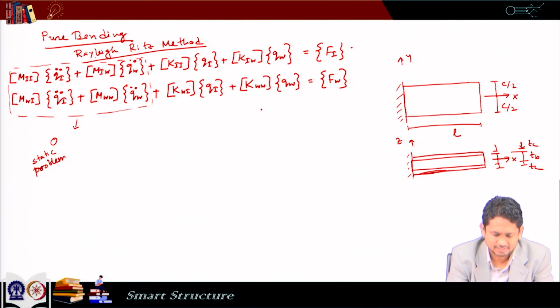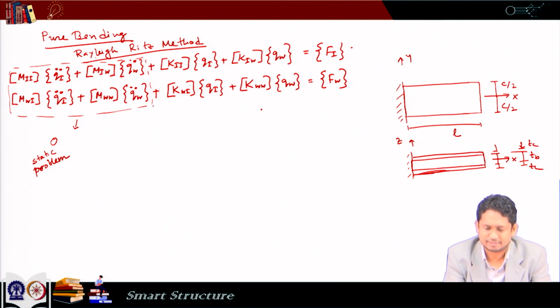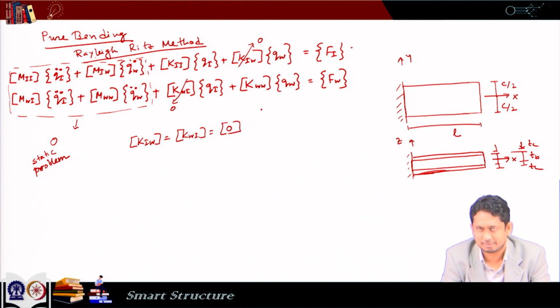The actuation is static, so there is no acceleration, and KIW equal to KWI equal to 0 as before, since B matrix is 0, symmetric laminate.